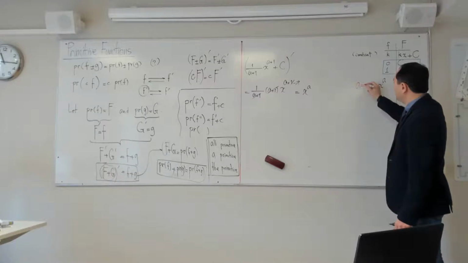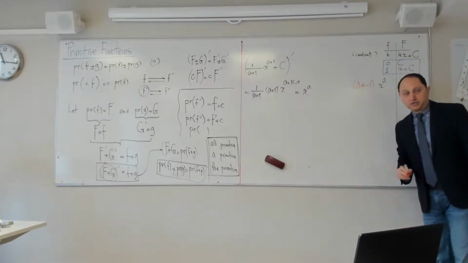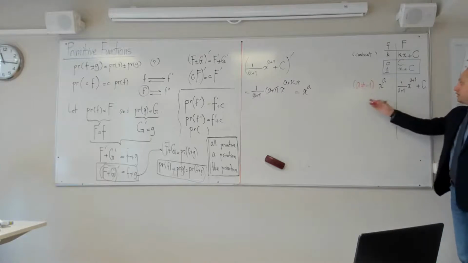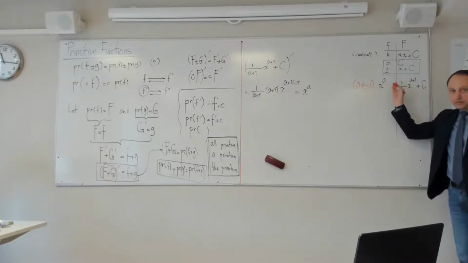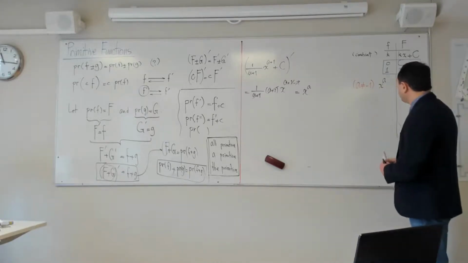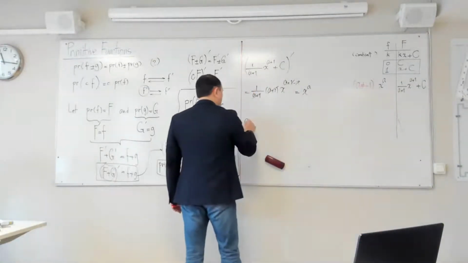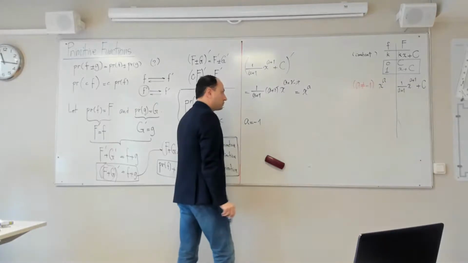In Math 3C, you didn't need to be careful about this point because they couldn't give you any question which deals with minus 1 there. But in Math 4, they can. And I want to ask you: what happens if a is equal to minus 1?